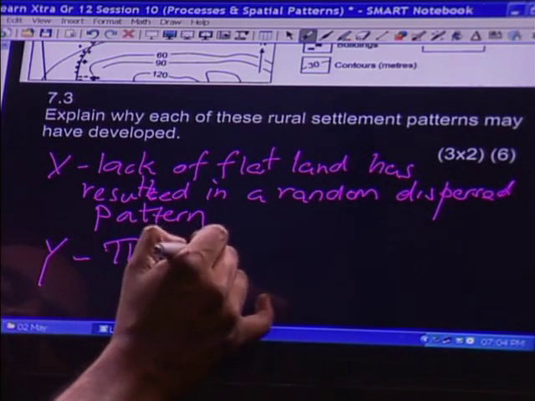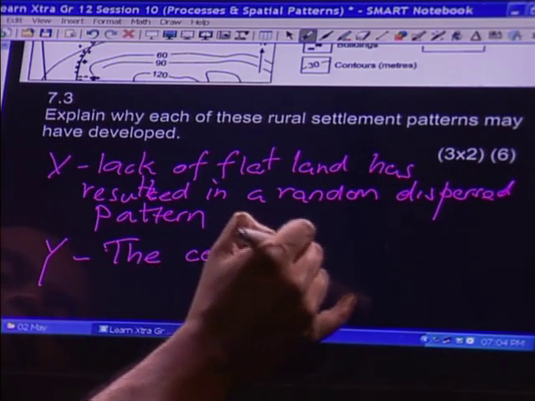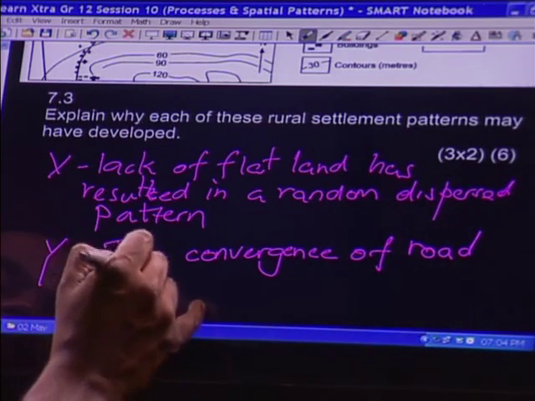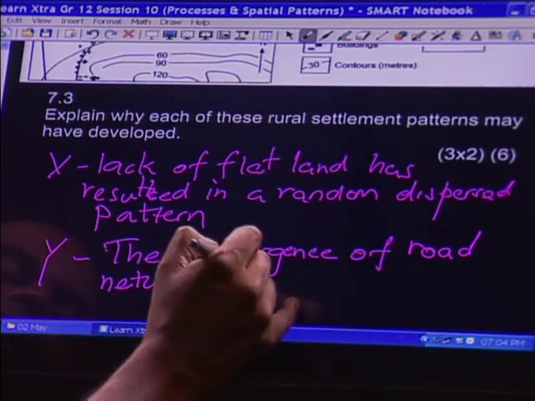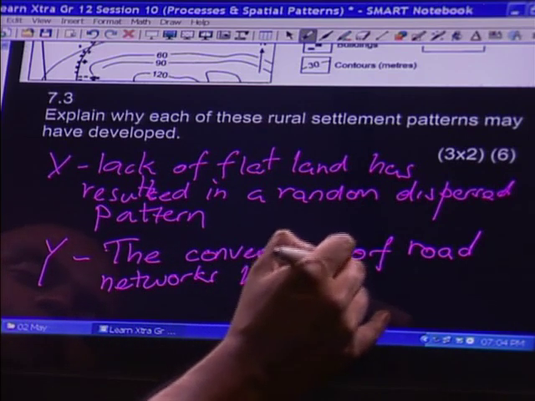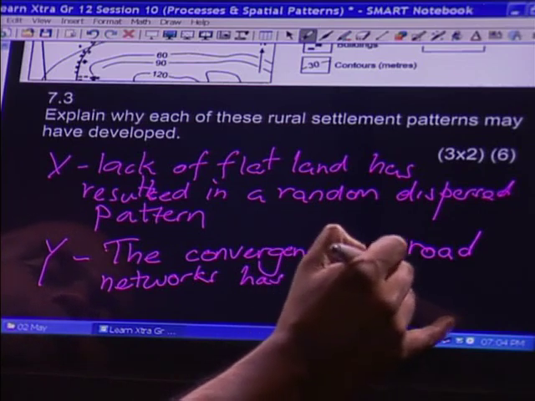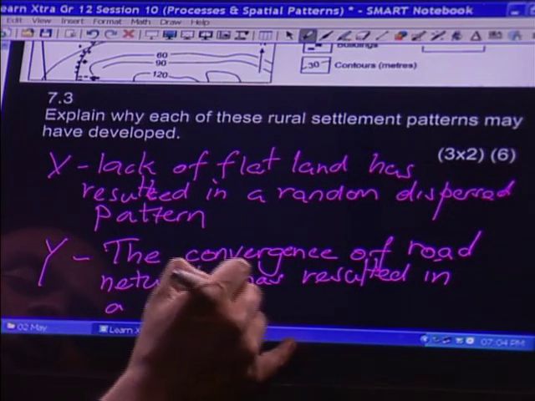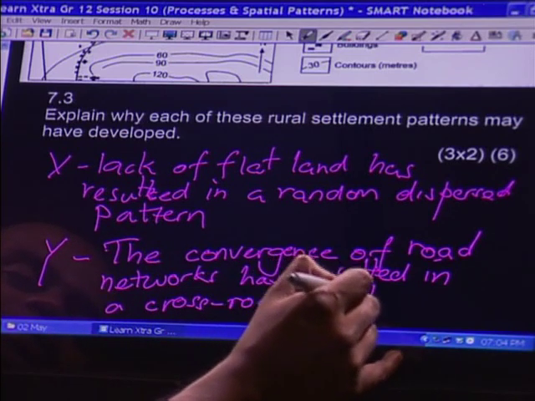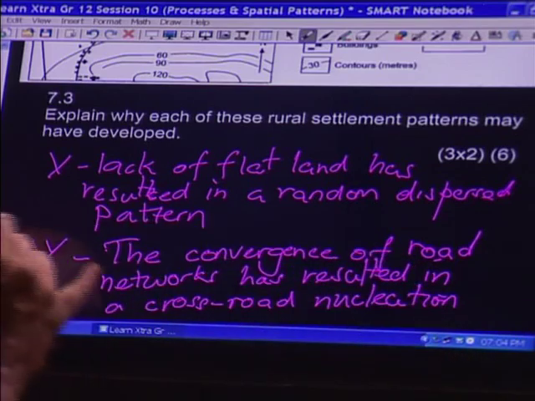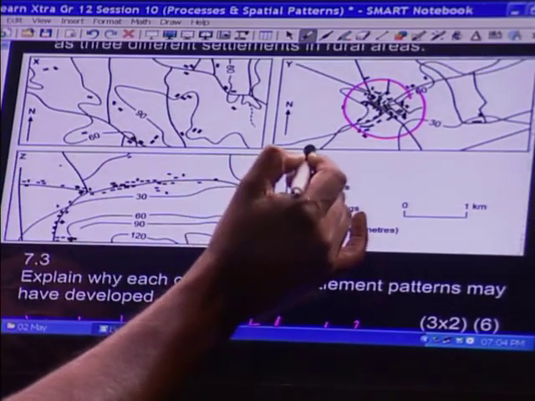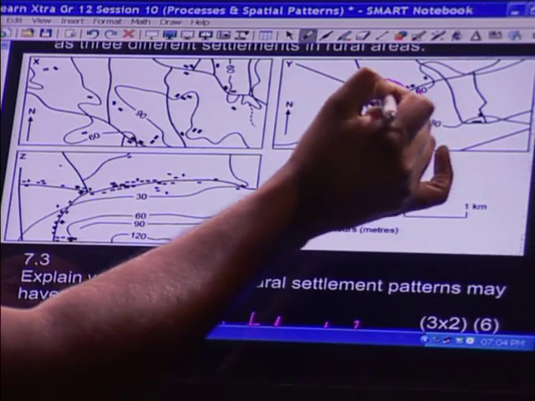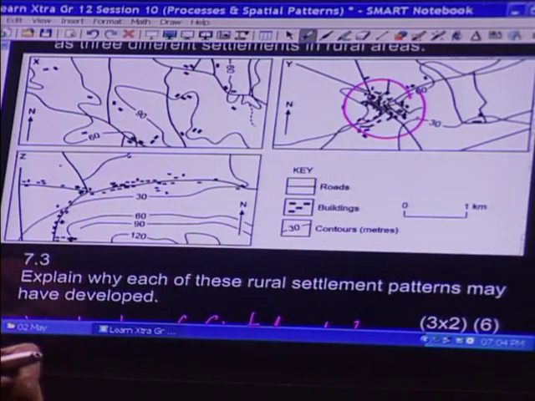The convergence of road networks has resulted in a crossroad nucleation. Note the roads merging or converging towards the center, resulting in the nucleated buildings around that settlement.